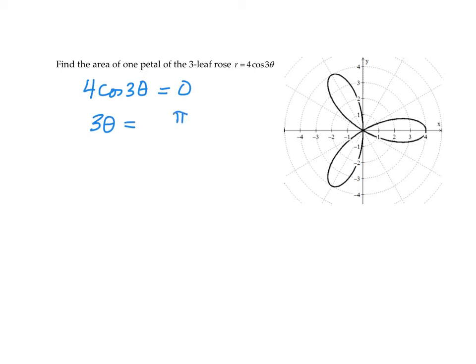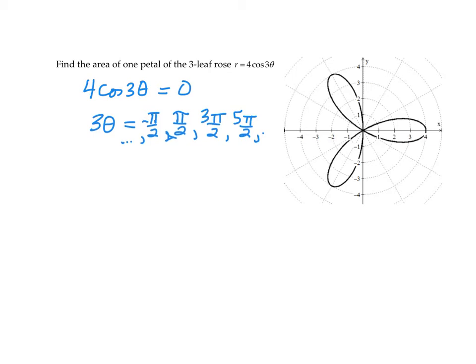Certainly at pi over 2, then again at 3 pi over 2, 5 pi over 2. I could keep going forever in that direction if I wanted to. Let's go in the other direction. How about negative pi over 2? And then before that would be negative 3 pi over 2.